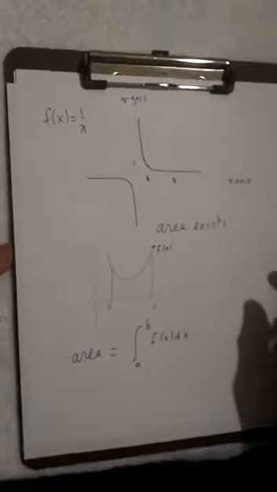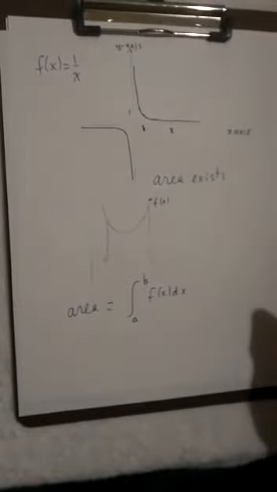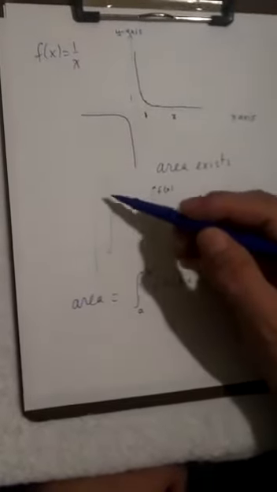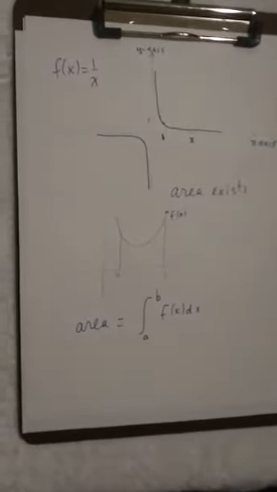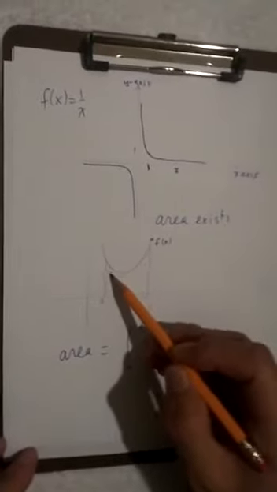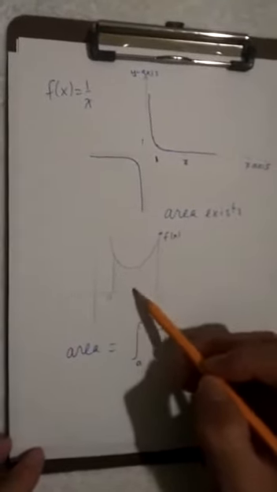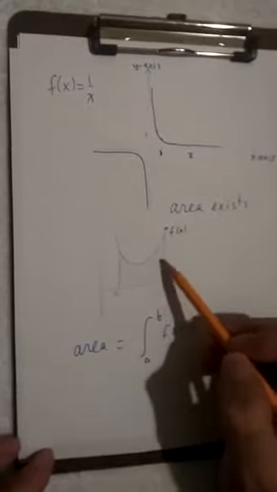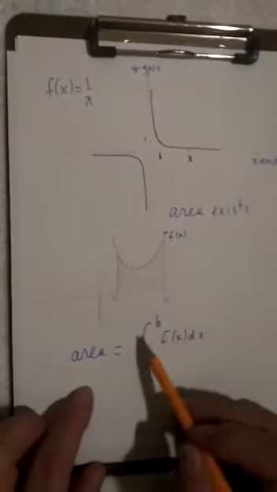If you take any function at random with a graph that looks like this, we can always find the area under the graph, this area here, by doing this integral.